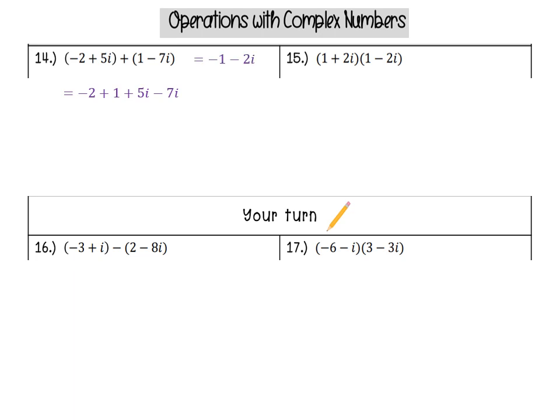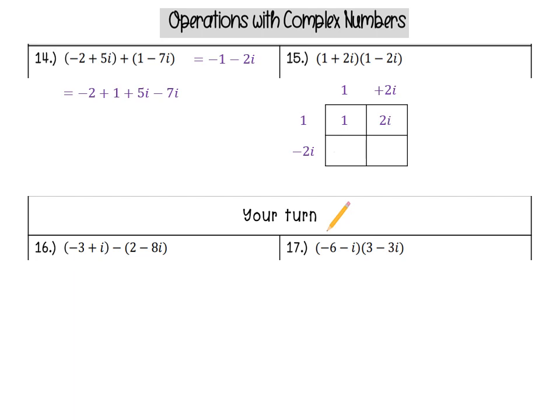Multiplying, here I'm just going to use the box method to help us out. So get our box, 2 by 2, 1 plus 2i across the top, 1 minus 2i down the front. 1 times 1 is 1. 1 times 2i is 2i.